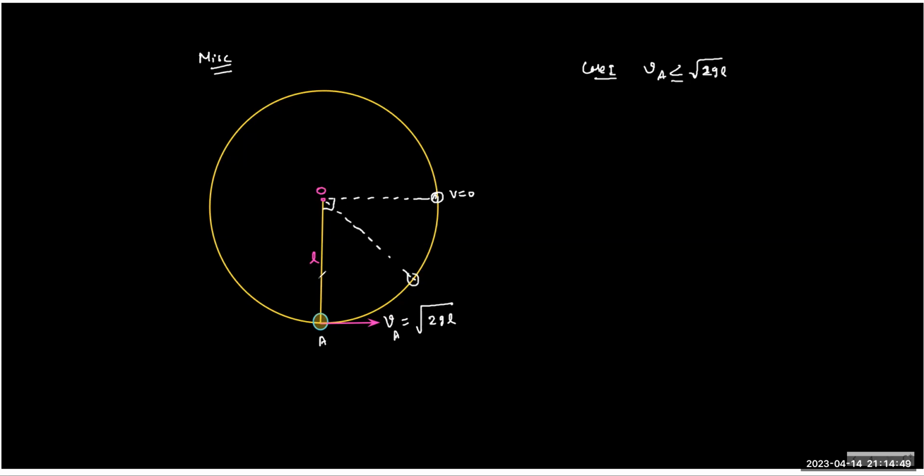At the worst case, it will go up to here, but it will only perform the oscillation. So if the VA is less than this, motion will be oscillatory.